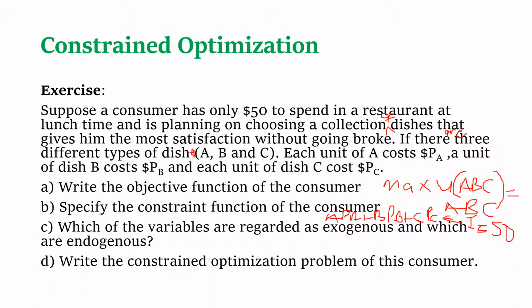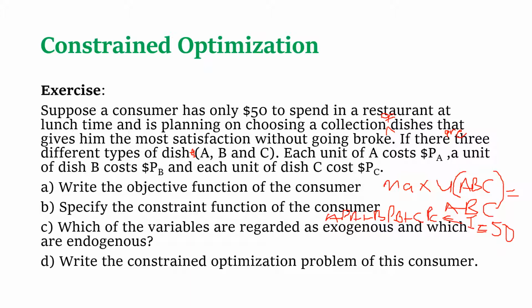Now, which of the variables are regarded as exogenous and which are endogenous? Exogenous variables are determined outside the system we're analyzing. These are variables that are given, they are fixed. Your income, your budget is given. Likewise, you know the price of the good. So these are all exogenous variables. They are not endogenous.